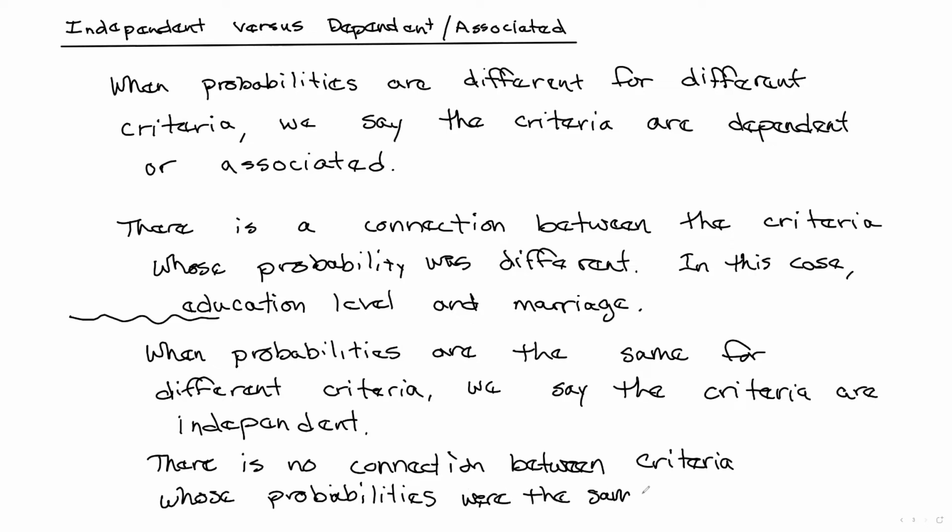So what would be an example of that? Let's stick with our education level thing. So when we said that the probability that you were married, given your education level, we got different outcomes, which told us that those things were connected. What would be an example of something where you'd expect the probability would be the same, okay, regardless of your education level?